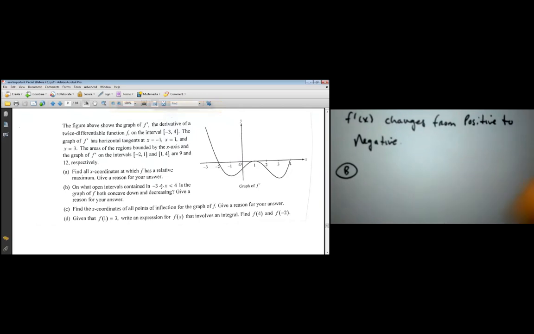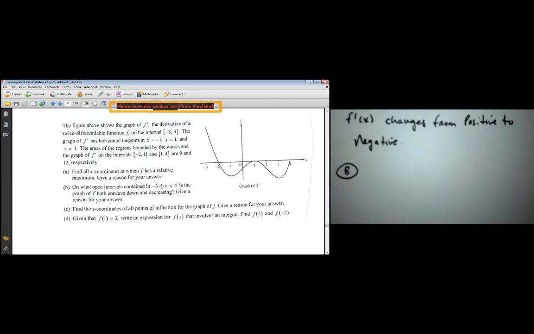Well, hold on here. So -2 to 4, it's decreasing with you there. But now we also want concave down. So concave down is a negative slope. So from 1 to 4. Is it a positive slope from 3 to 4?